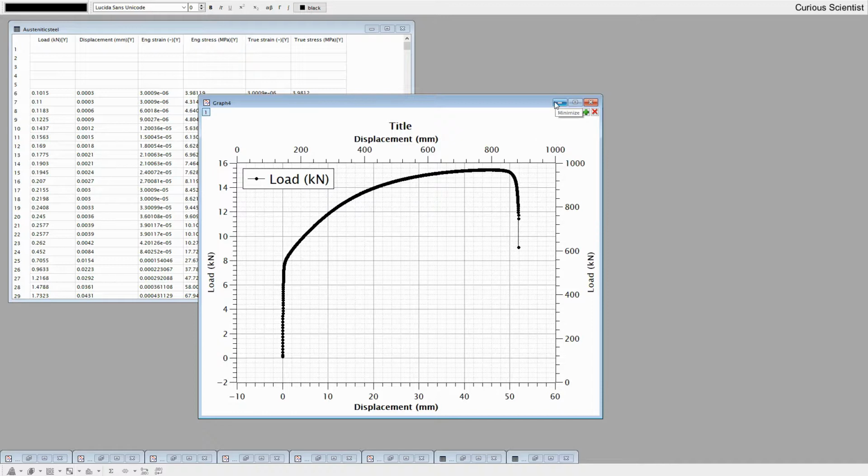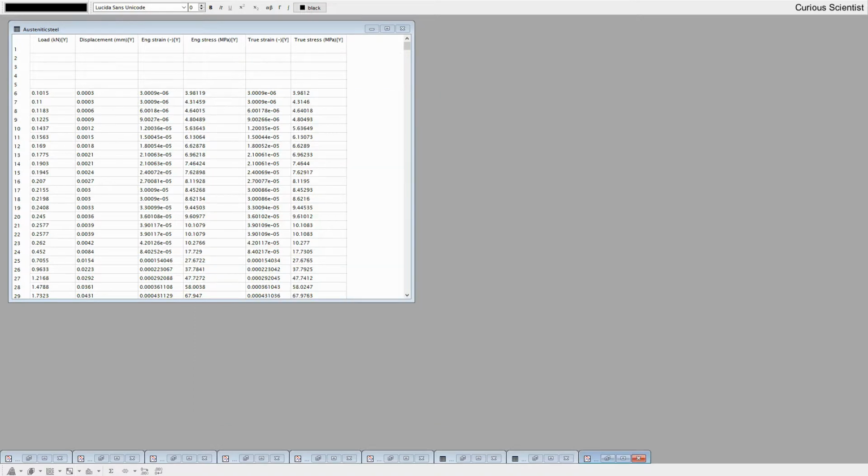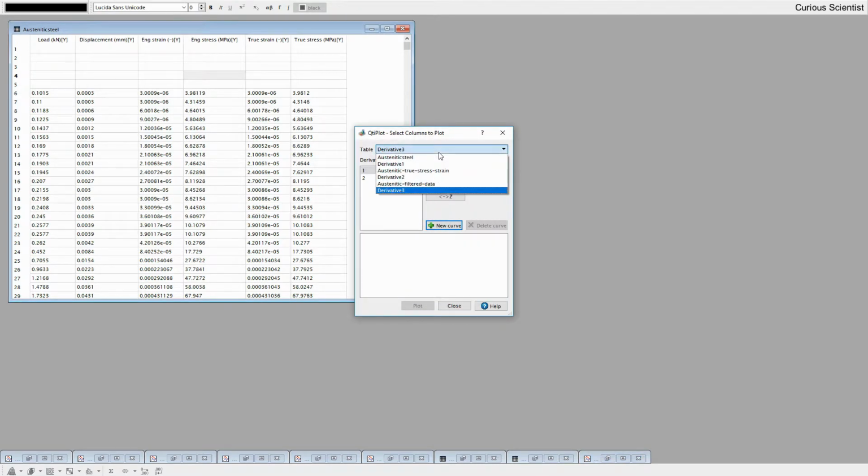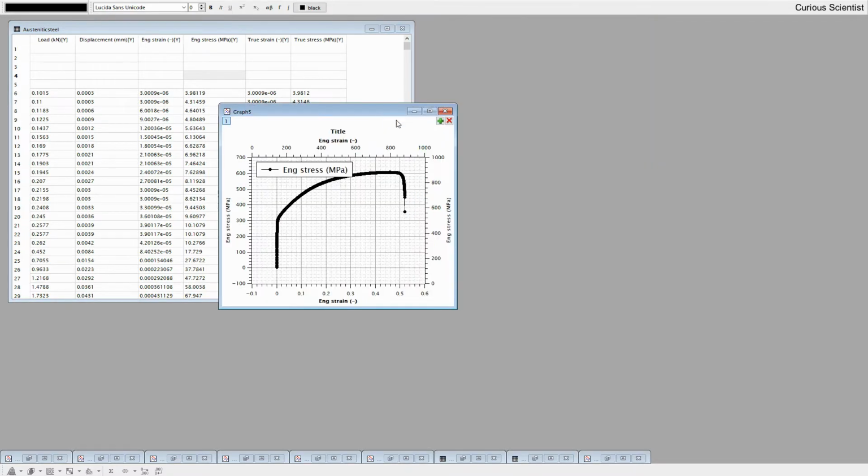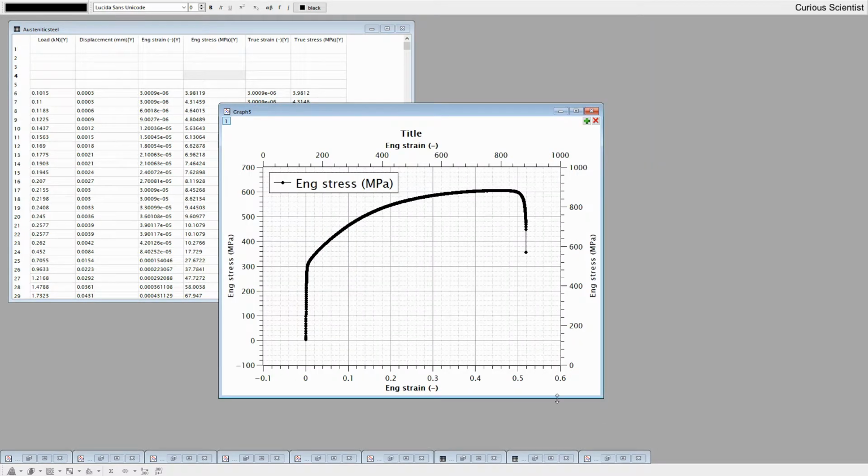So instead of this, let's first check the engineering curves, which I show you again by plotting the engineering. So if you remember, then we calculated the engineering stress and engineering strain by dividing the displacement with the original length, and we divided the force, the load, with the original cross-sectional area.